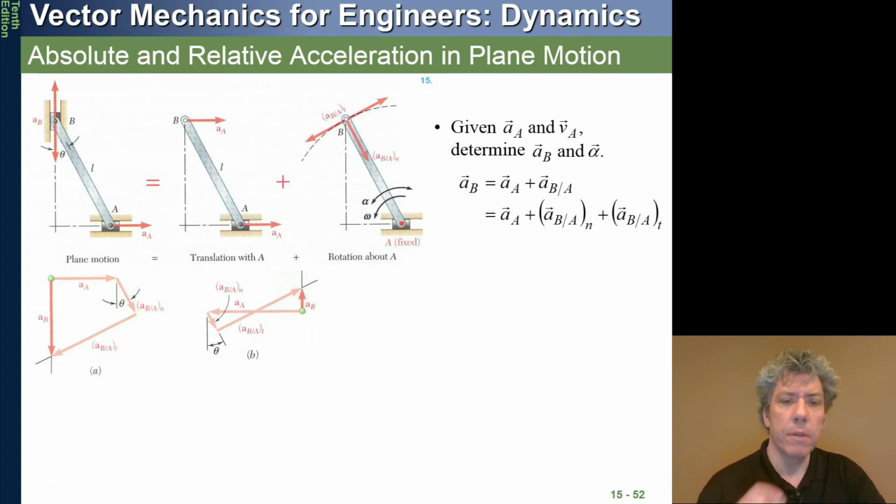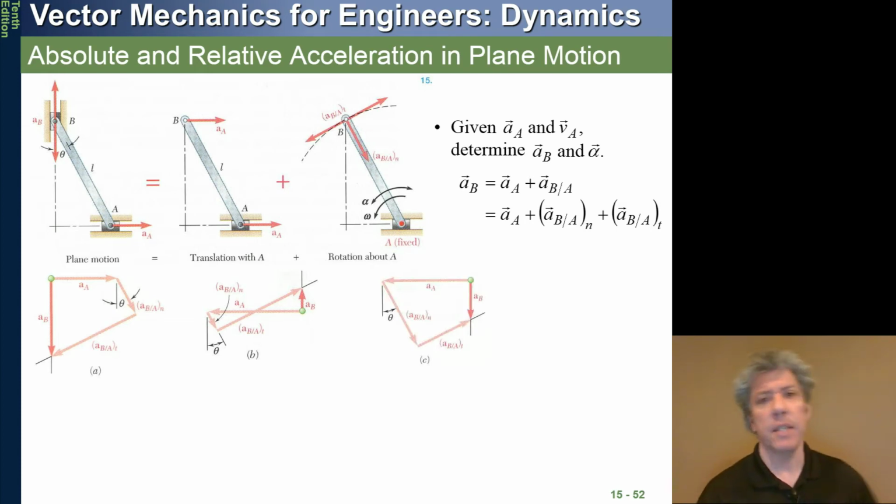If the relative normal acceleration is fairly small and the relative tangential acceleration is fairly large, then we'll end up with an acceleration of B that's actually upward. That is a possibility. Let's take the next case where we have a decent angular speed and a decent angular acceleration and an acceleration of A to the left. Well, in that case, the relative normal acceleration still will point from B to A, so it's down and to the right like it has been all this time.